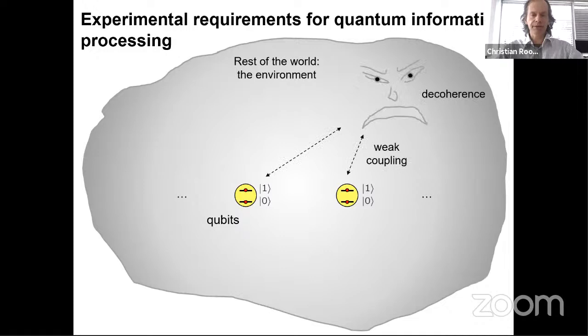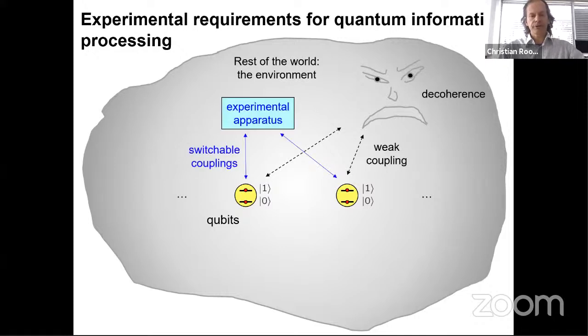And then there's, of course, always the risk that there might be decoherence. And if we design the experiments in the right way, then we have just a fairly weak coupling. And our goal is now to have, on the one hand, switchable couplings to our experimental apparatus, which provide us with the control that we need. And on the other hand, not to lose the coherence by having undesired couplings or couplings that we cannot really control.